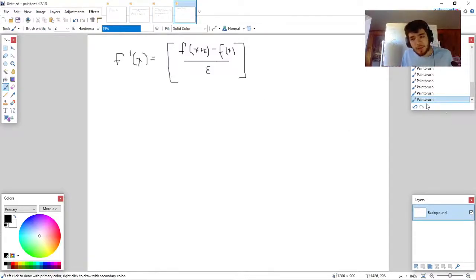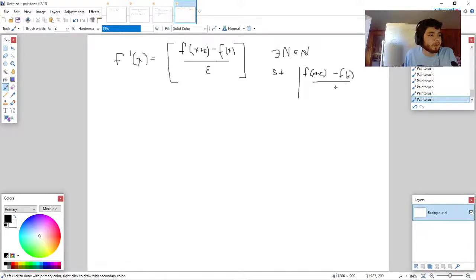It means that there exists n, a natural number, such that f of x plus epsilon minus f of x over epsilon is less than or equal to n.